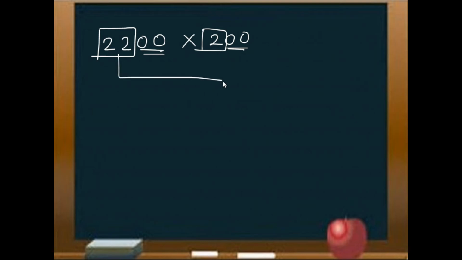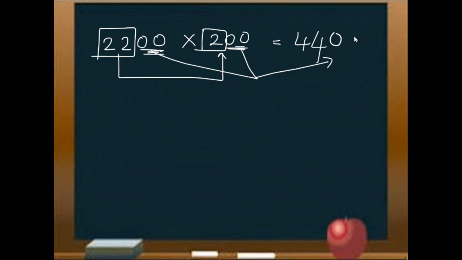So 22 times 2, when I do, I'll get 44. Now these 2 and 2 together make 4 zeros. Those 4 zeros I'm going to add after my answer 44. So my answer is 440,000.